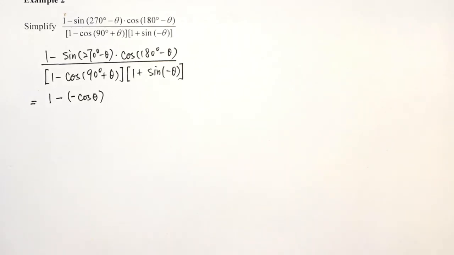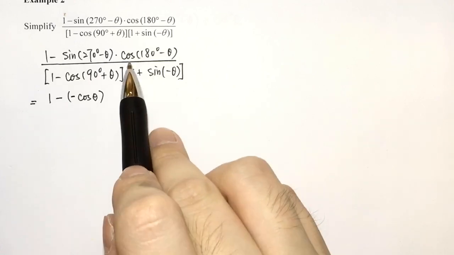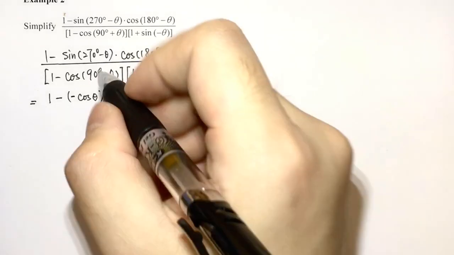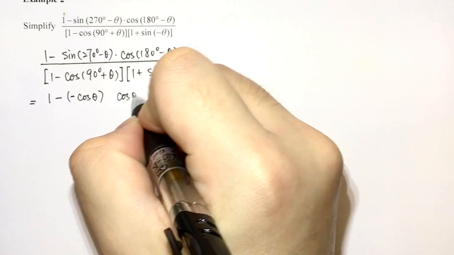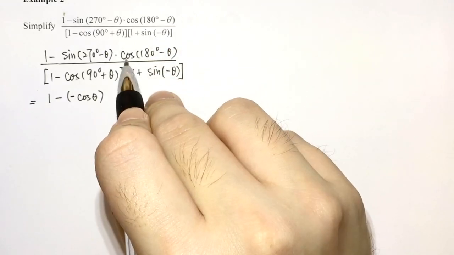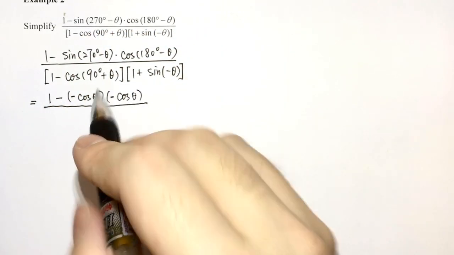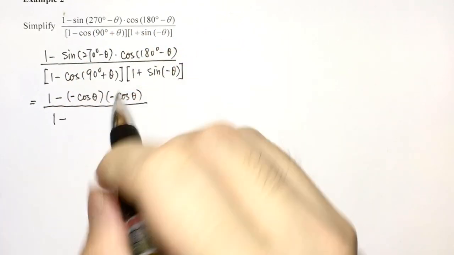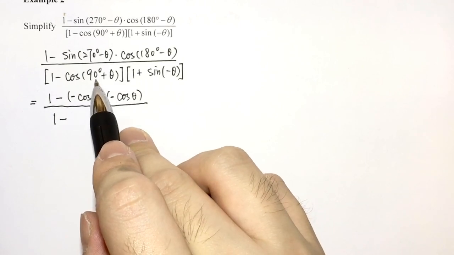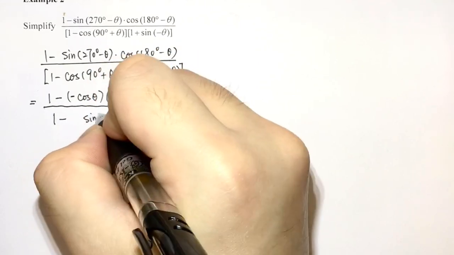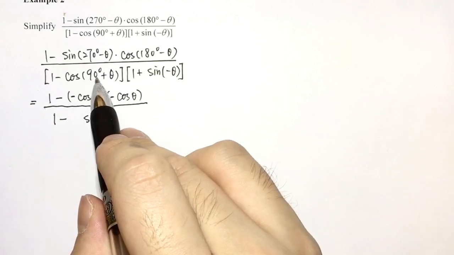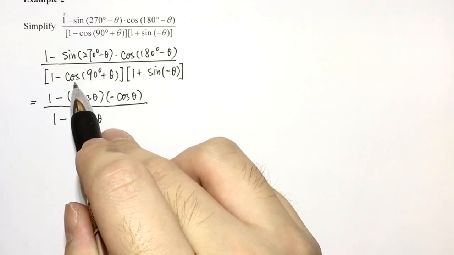Okay, so let's continue. This one, no change, that is cosine theta. Quadrant 2 for cosine is negative, so the numerator is something like this. For the denominator, 1 minus 90 degrees, change, and x value, quadrant 2, negative.